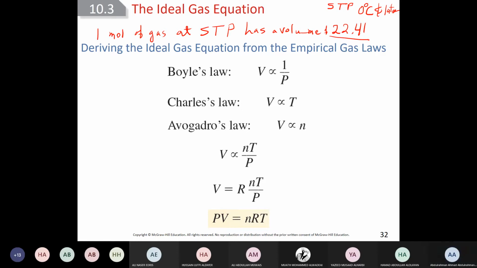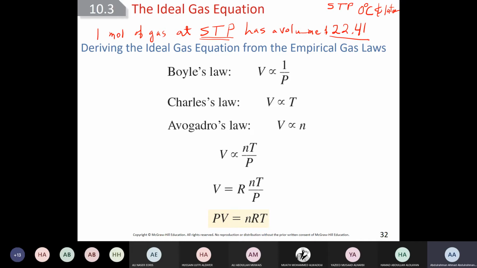Now what's STP one more time? Standard temperature and pressure, which means what's the temperature? 0 Celsius. What's the pressure? 1 atm. Good.